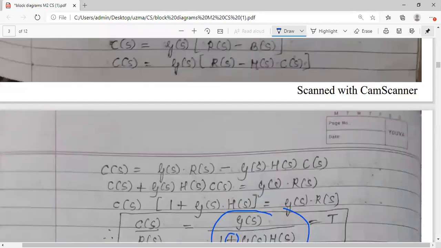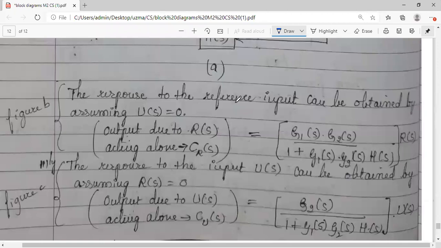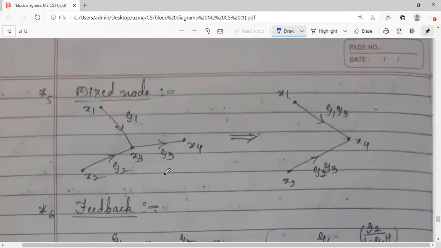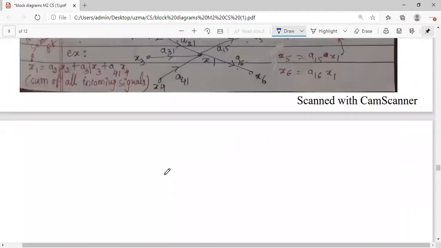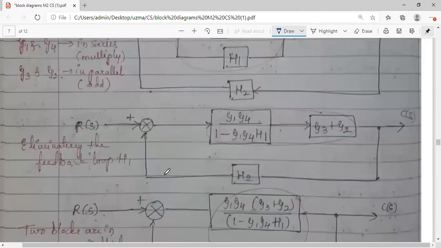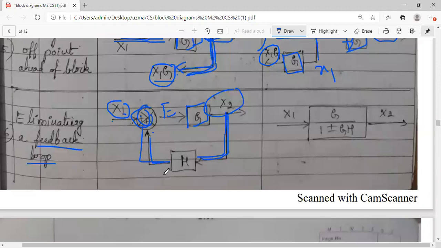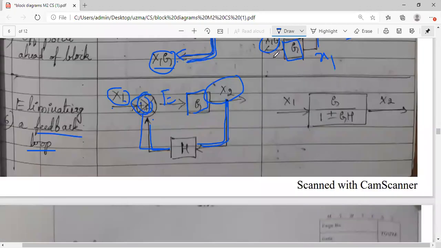So let us stick to that, because I have taken in this summing point the general notation plus or minus. So according to that, what will be the transfer function for this feedback loop?